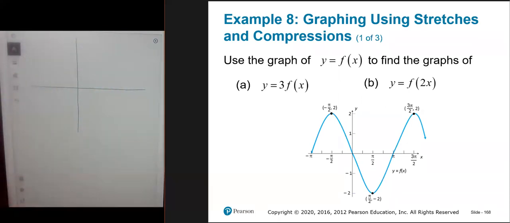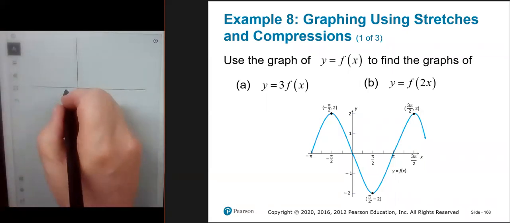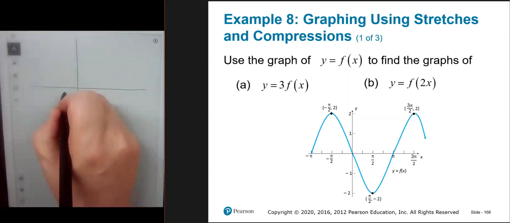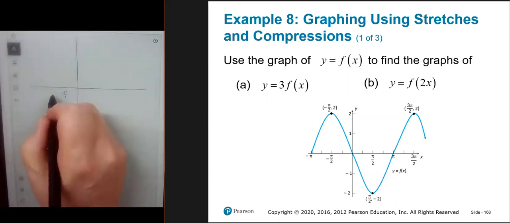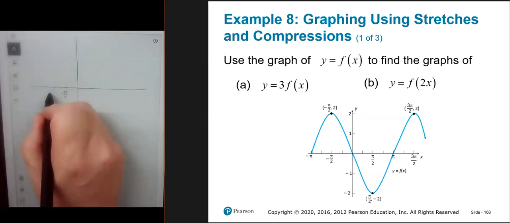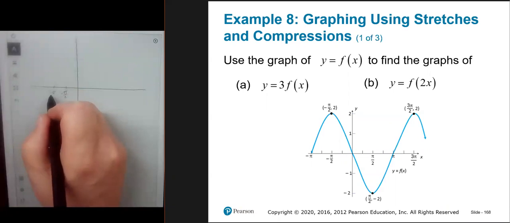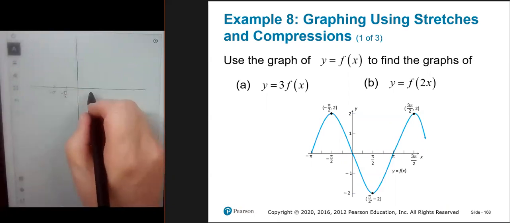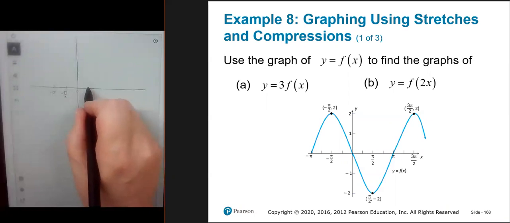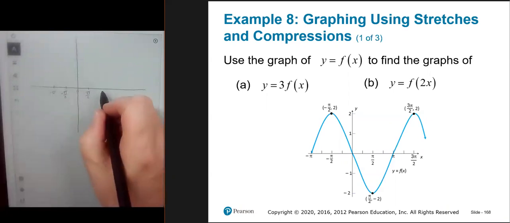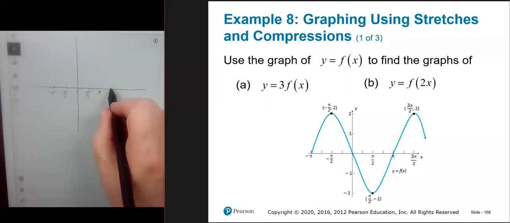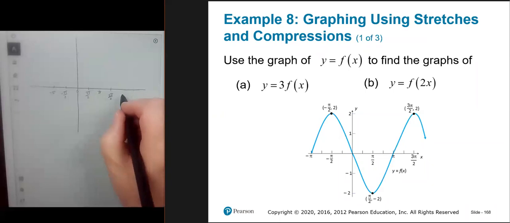It's 2 sine of x. But anyway, so here we have -pi/2 and then -pi and 0 and +pi/2 and pi and 3pi/2 and then this is 2 pi.